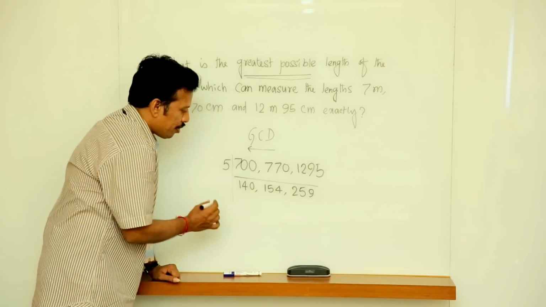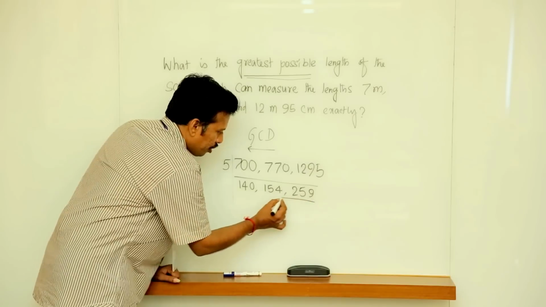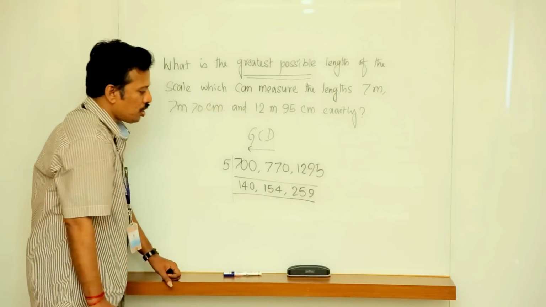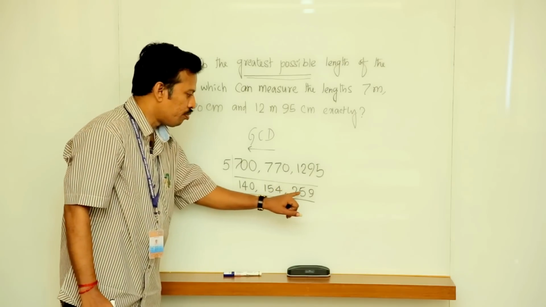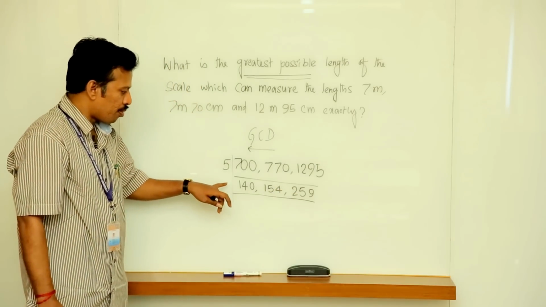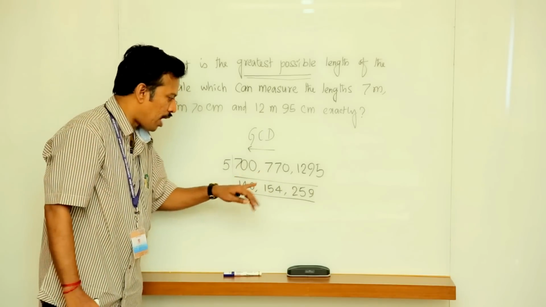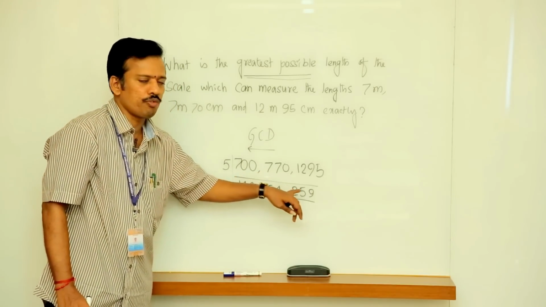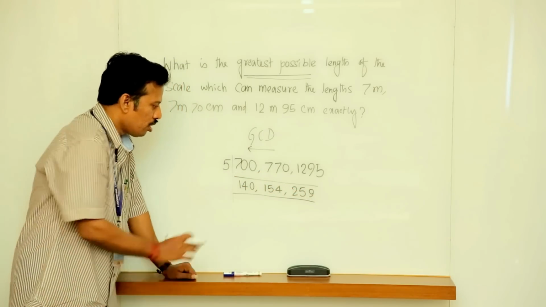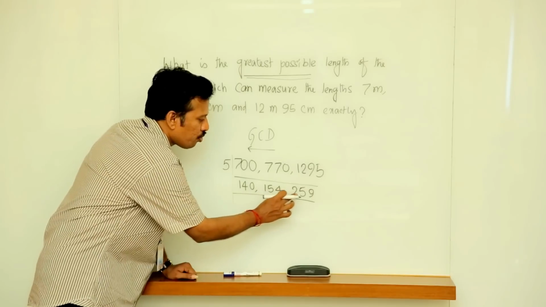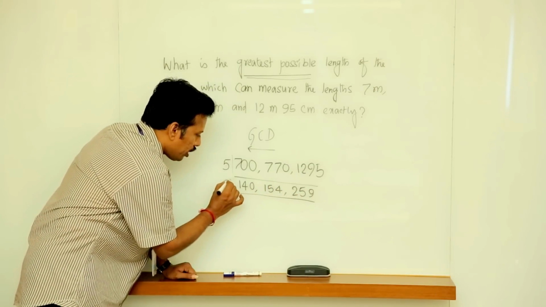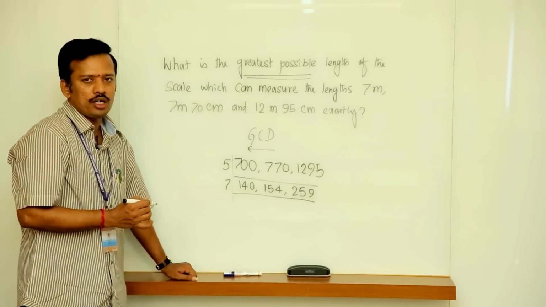This is one of the common divisors. Now look at the values which are present again. We have 140, 154, 259. Whenever you are familiar with some of the basic table values, you can identify a factor which is common between all these three: 140, 154, 259. So easily you can identify there is another common factor called 7.